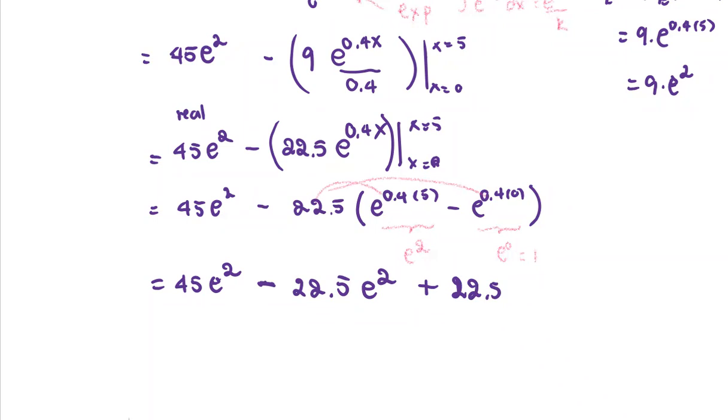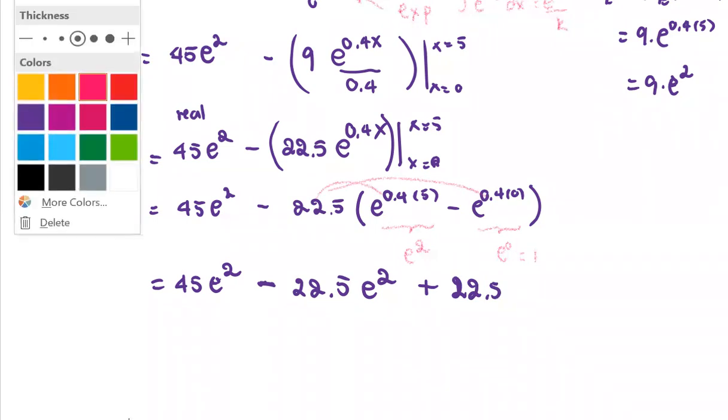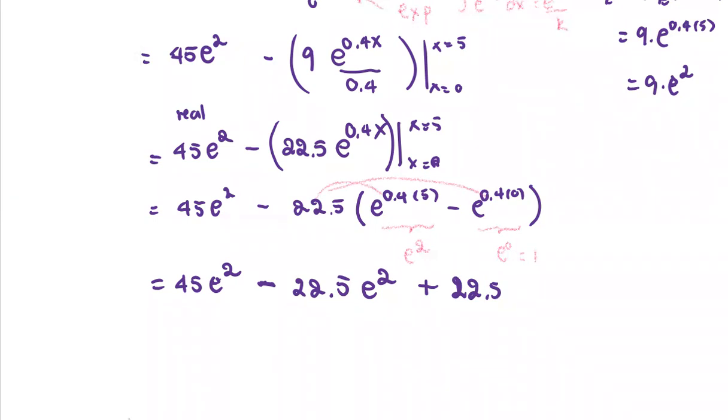Before I put it in the calculator, it's very convenient. I see 45 and 22.5, one is half of the other. So I can put in the calculator 22.5 times e squared and then add 22.5.